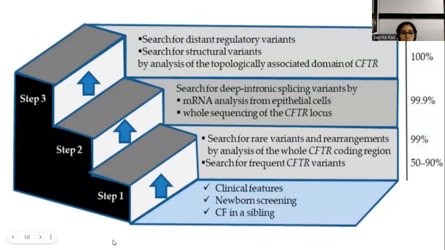The next things we can do to screen for cystic fibrosis: if there is a sibling with cystic fibrosis, a newborn whom we are going to check for it, or any clinical symptoms like the sweat problem, lung complications, or nutritional deficiency, then we go for checking the CFTR gene variants.